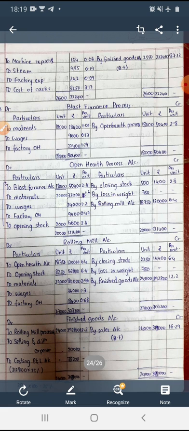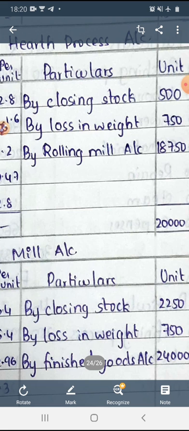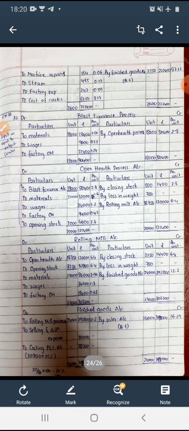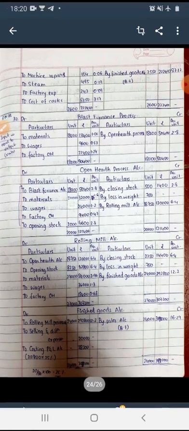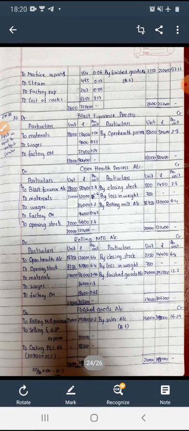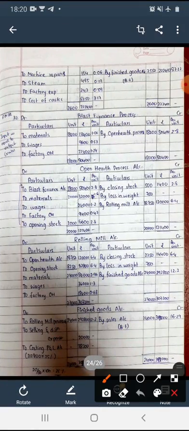Then write the output. How much is the output of process B? 18,700, transferred to the rolling mill account. Last, by rolling mill 18,750. Then the difference is the loss in weight, 750. Now see the difference and write the amount.